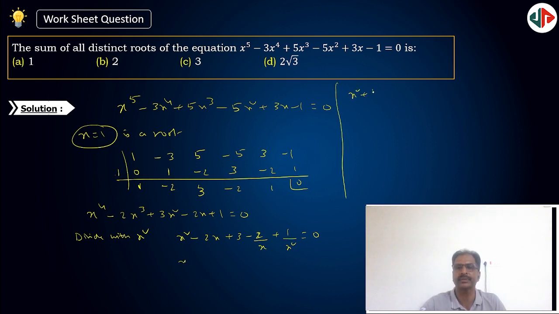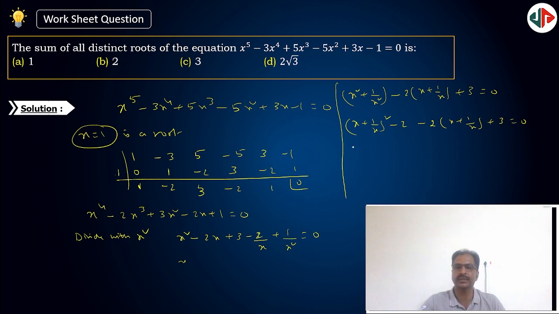Write x square plus 1 by x square minus 2 into x plus 1 by x. Write x square plus 1 by x square as x plus 1 by x whole square minus 2. Minus 2 into x plus 1 by x plus 3 is equal to 0.